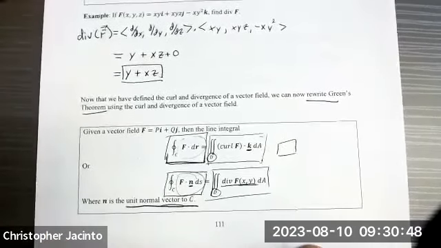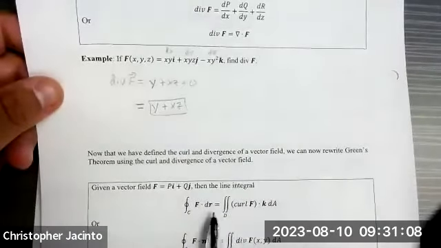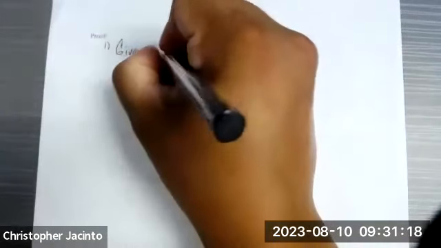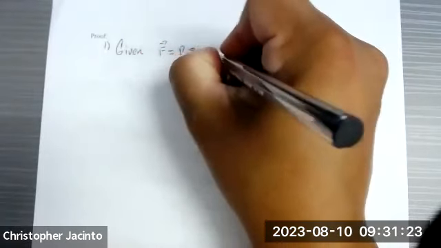All right, so let's prove this stuff. And these proofs aren't too difficult, which is nice. Okay. So let's prove the first one, and then we'll prove the second one. So the proof of one is we're going to show this is true. Let's say given F being a vector field that's equal to this.